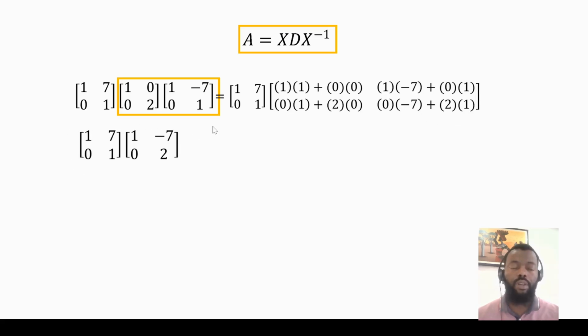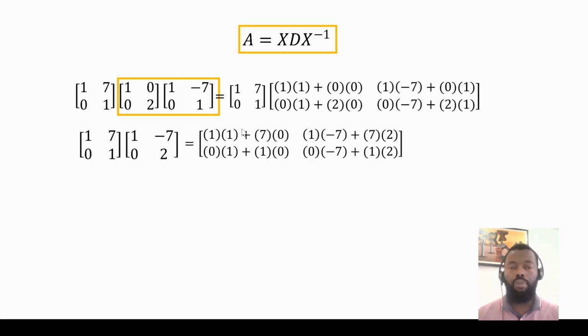Now we have to find the product of this operation. So we have 1 times 1, 7 times 0, 1 times -7, and 7 times 2, 0 times 1 plus 1 times 0, and 0 times -7 plus 1 times 2.